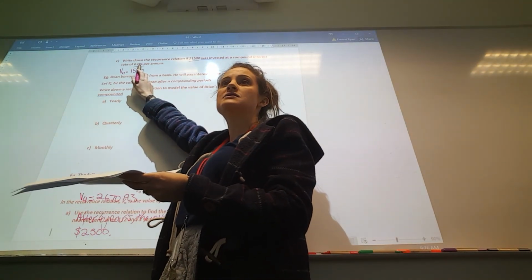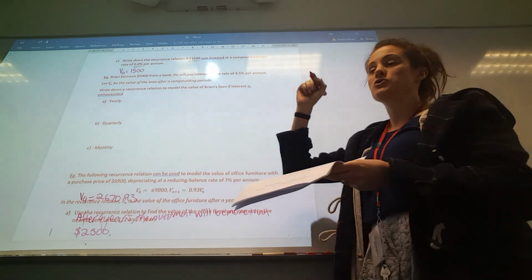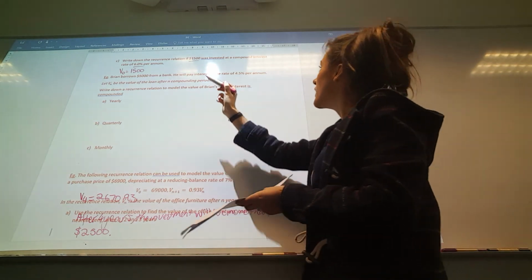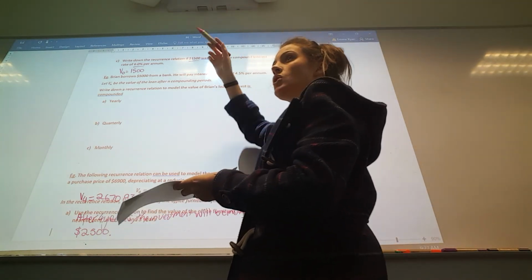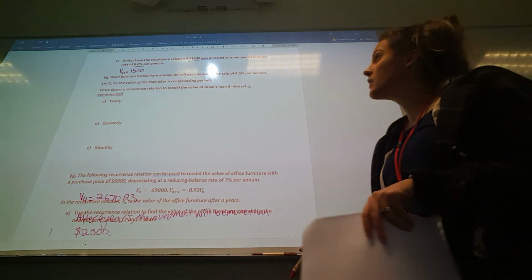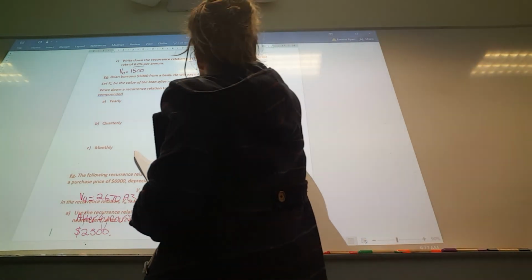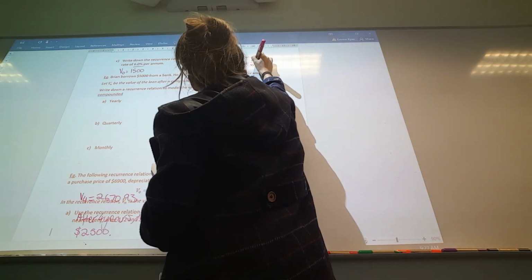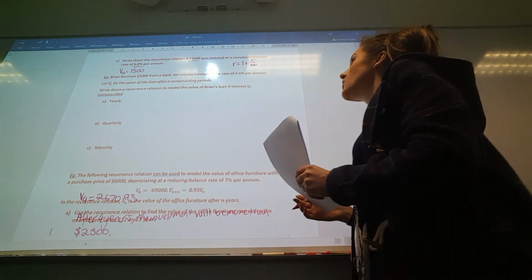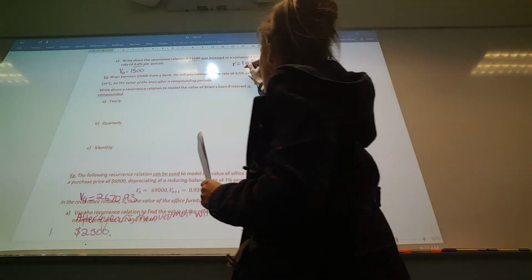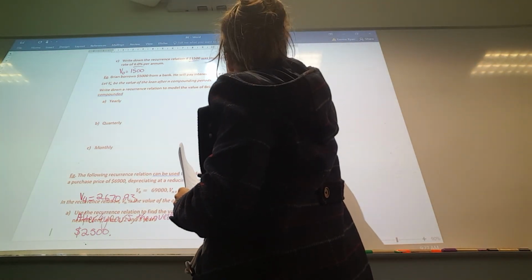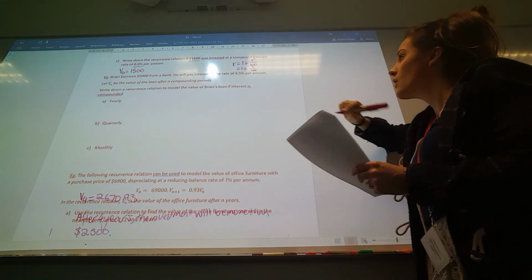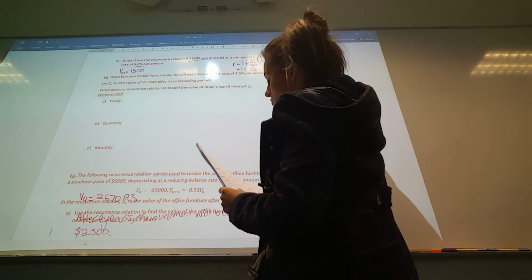So we need to turn this into our ratio, using our R formula. We are investing, so it should be increasing, so we need to use the 1 with a plus. So our R will equal 1 plus the rate over 100, that would be 1 plus 6 over 100. So our R equals 1.06.